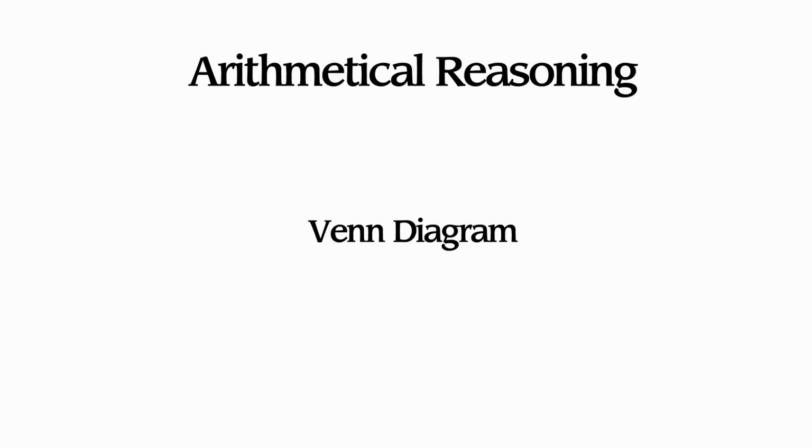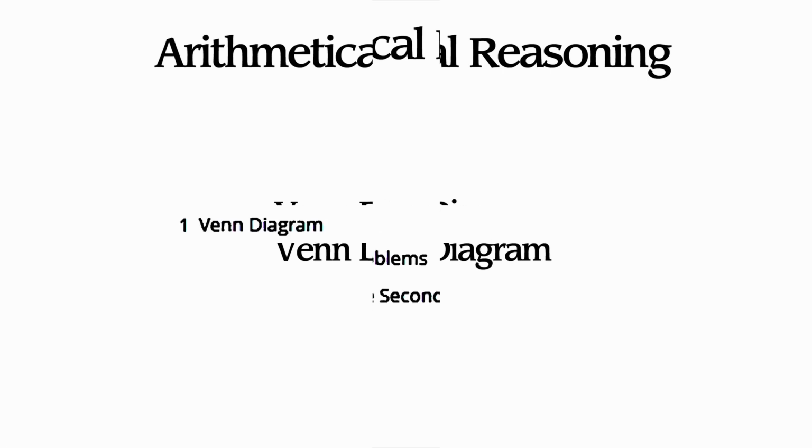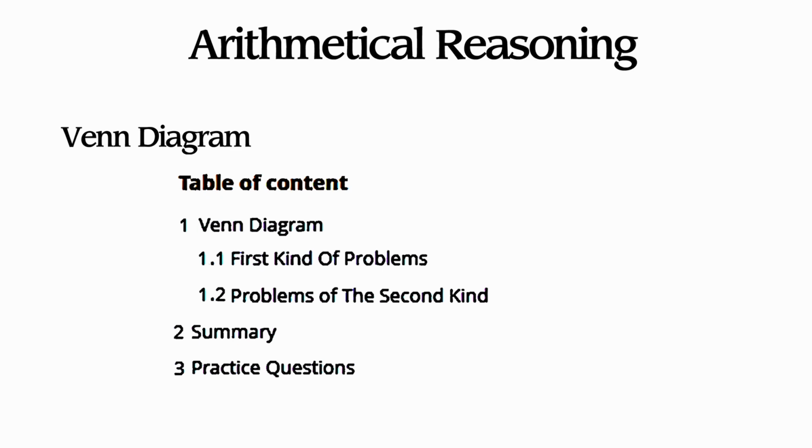The questions asked in the bank exams will either have the Venn diagrams given, or you will have to guess the type of Venn diagram that will suit the particular relations. Here we have some table of contents. Let us discuss one by one. First, Venn diagrams.